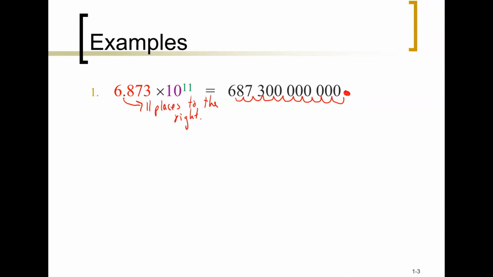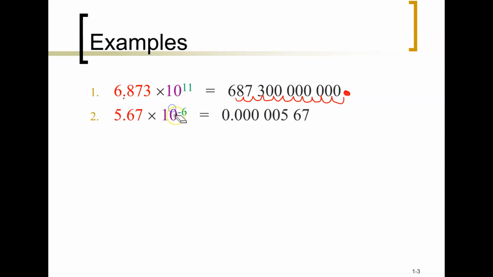We can also do it with a very small number. This number here, when the exponent is negative, from what you learned with exponent rules, 10 to the negative 6 is equal to 1 over 10 to the positive 6, which is 1 over 1 million, or 1 millionth.